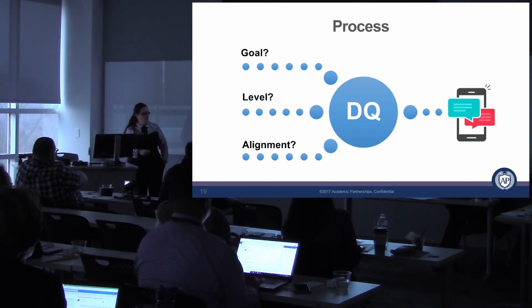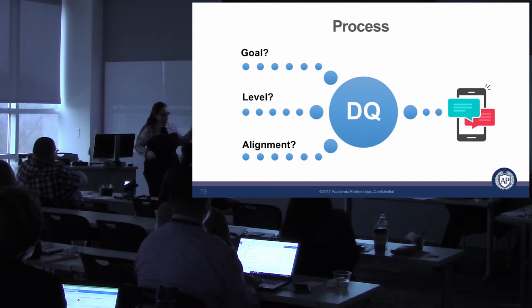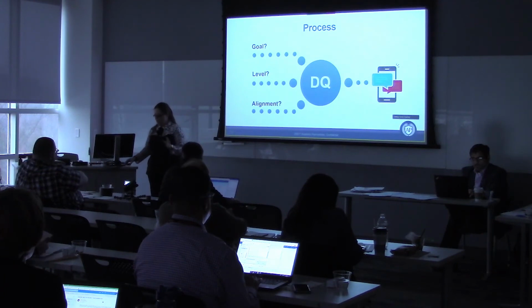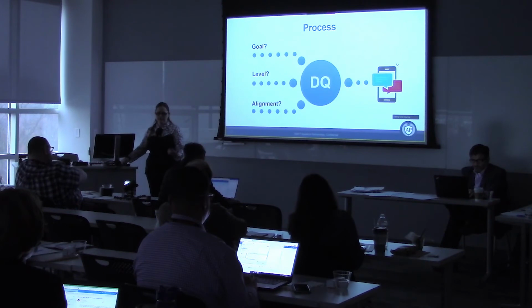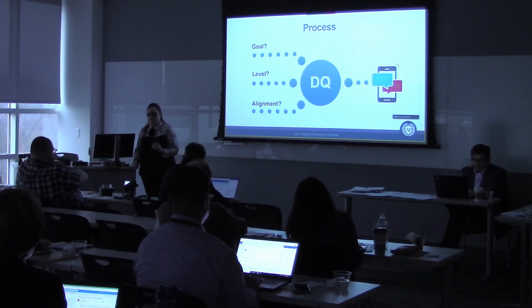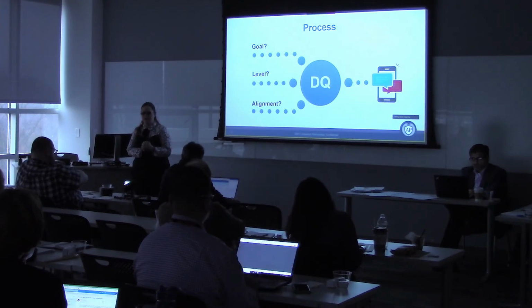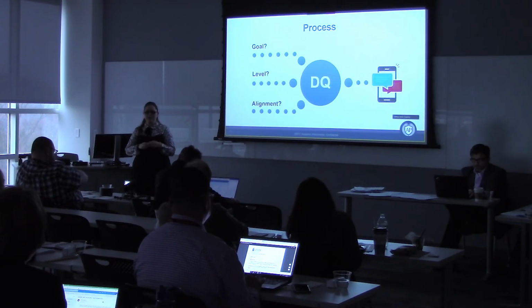And then alignment. So not just alignment with the discussion, not just alignment with the objective level, but also with the content. Now, you can break it into pieces, absolutely. So maybe you're only aligning with part of it, but then that wouldn't be the full measure of your objective. But an example of that is I was working with an MSN program, and one faculty had a really great discussion question about working with a diverse set of nurses.